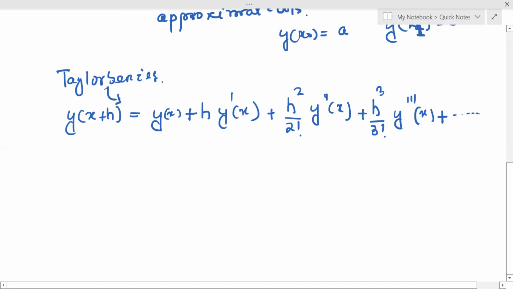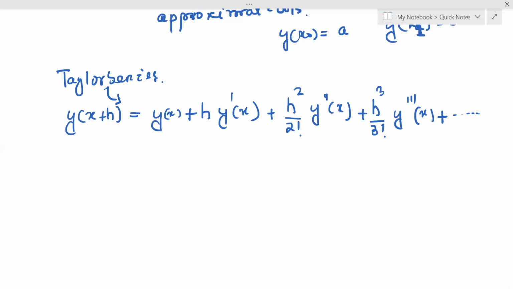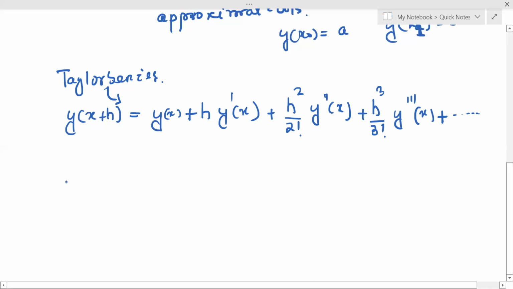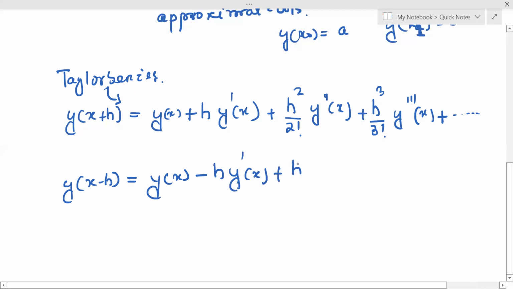Similarly, to produce the expansion of y of x minus h: y of x minus h equals y of x minus h y dash x plus h square by 2 factorial y double dash x minus h cube by 3 factorial y triple dash x plus and so on.